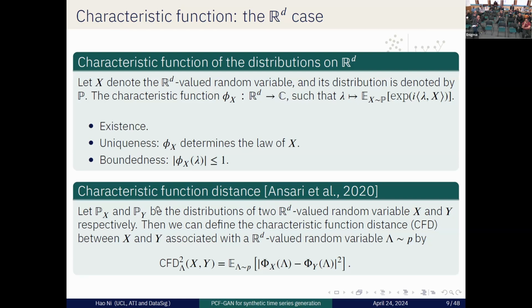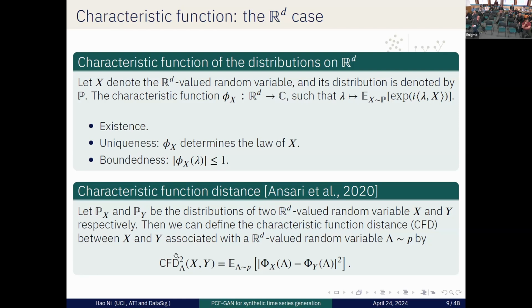Now I'd like to introduce the characteristic function distance, CFD for short, introduced by Ansari and co-authors in 2020. Given X and Y, two R^d valued random variables, we can define the CFD distance between X and Y associated with any R^d valued random variable capital Gamma by this formula.